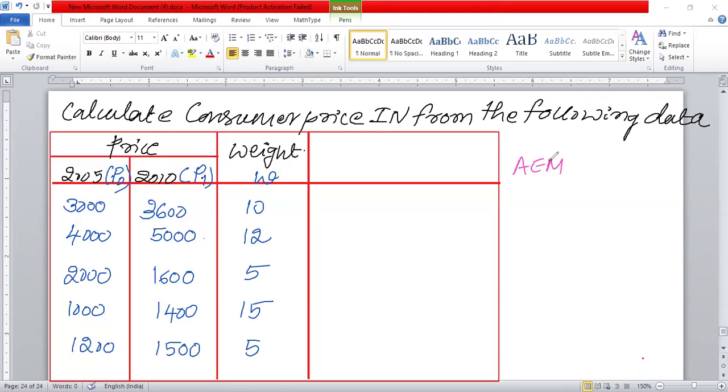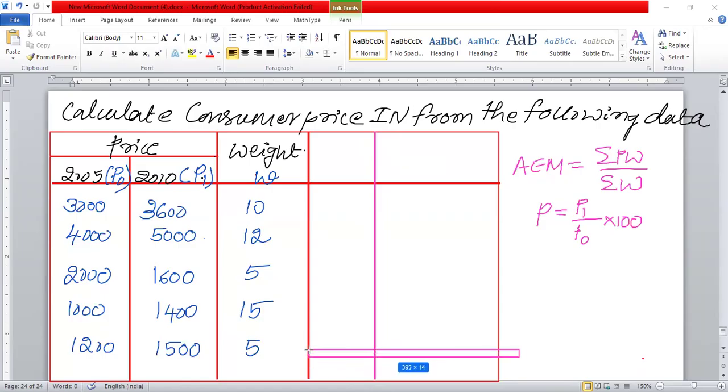Family budget method is equal to summation PW by summation of W. P is equal to P1 by P naught into 100. First, we need to calculate P, then PW, finally total. Okay, ready? First is P, then PW.